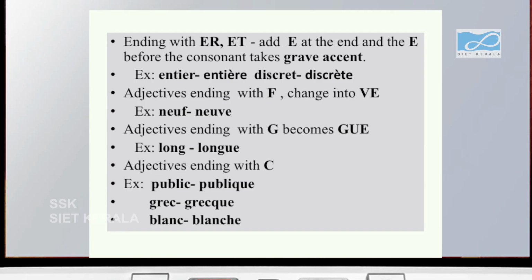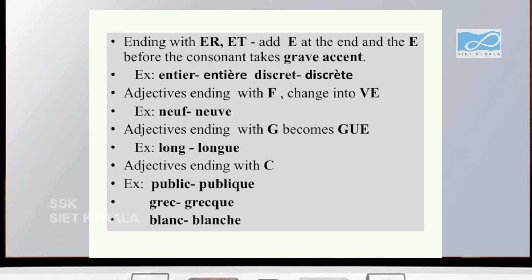Okay, so you get entier, E-N-T-I-E-R. It becomes E-N-T-I-E grave R-E. So entière, you have to pronounce the R. Discret. Okay, so what did we learn? It ends in ET, you add an E. At the same time, you have to add an accent for the E before that.